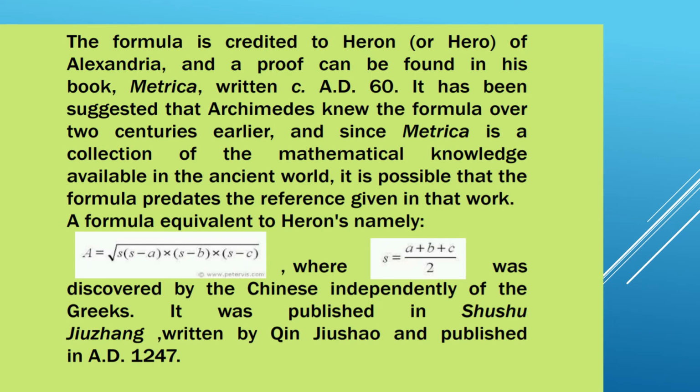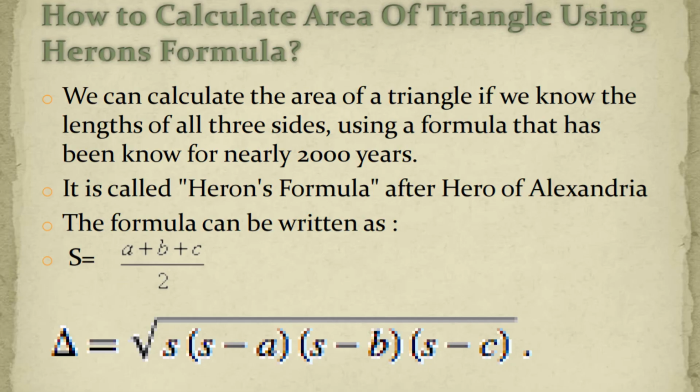Now you have a doubt. How can we calculate the area of a triangle using Heron's formula? We can calculate the area of a triangle if we know the lengths of all sides using a formula that has been known for nearly 2000 years. It is called Heron's formula after Hero of Alexandria.